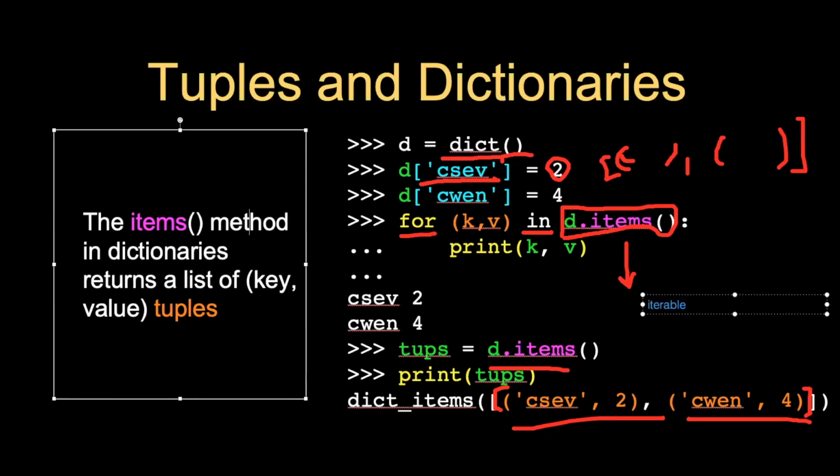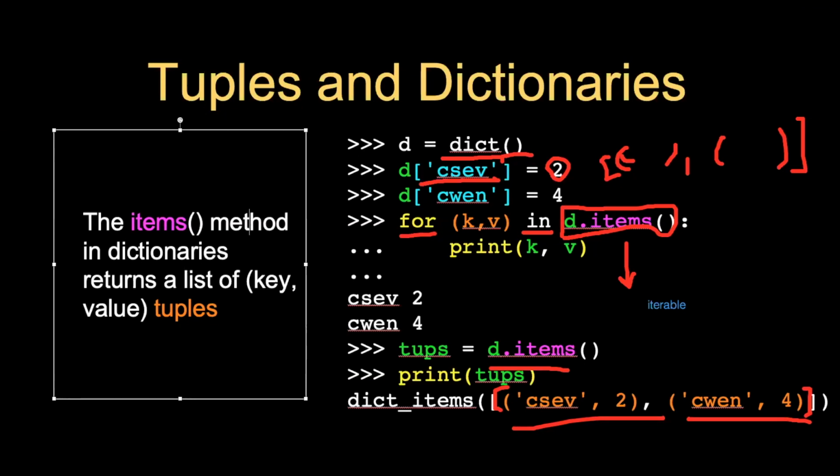This is the iterable, the items here, and this part is what we call the member, each member inside this iterable. Because you have a list, KV is going to be, for the very first iteration, the very first tuple. The second iteration gives you the second tuple, and the third iteration gives you the third tuple.